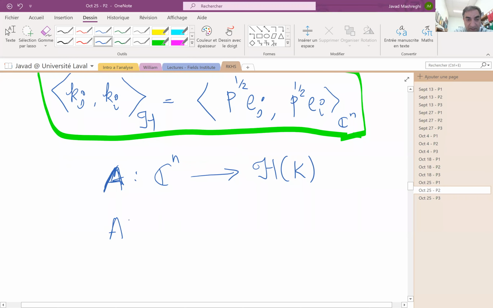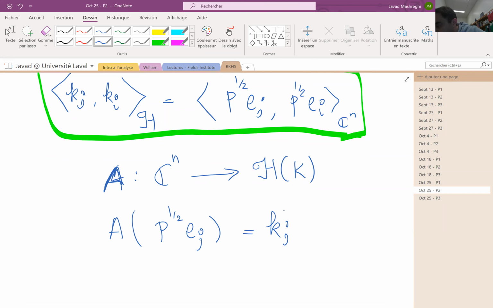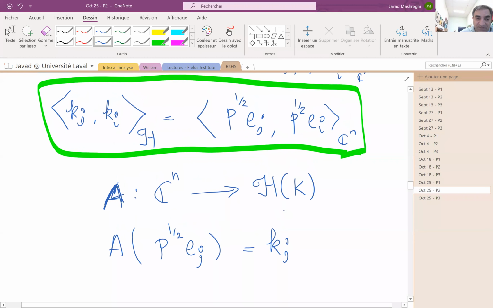I define A of P half Ej to be equal to Kj. Well, there is an assumption before this. It's that P is invertible.